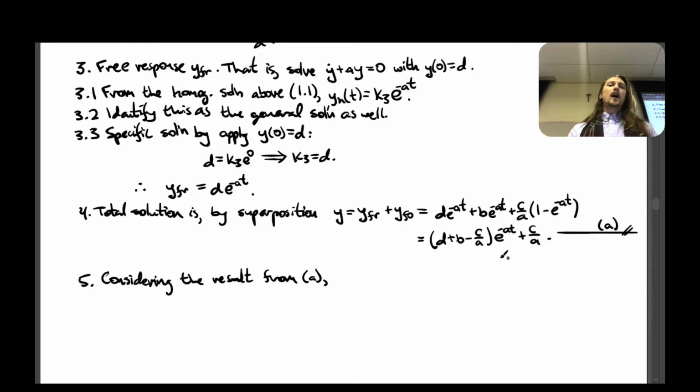When this term is gone, or mostly gone, its effect is mostly gone because it's never going to quite be equal to 0 in finite time. We have the other term left, which is the steady state response. We could take the limit as time goes to infinity if we wanted to, but we can also just recognize that this entire term is going to go to 0 as time increases, so we'll be left with c over a.